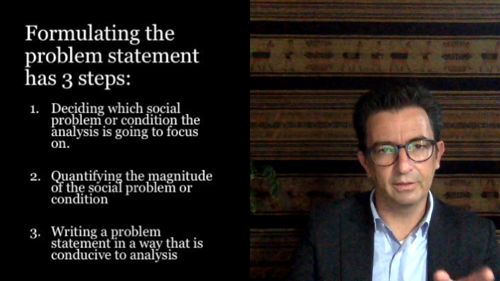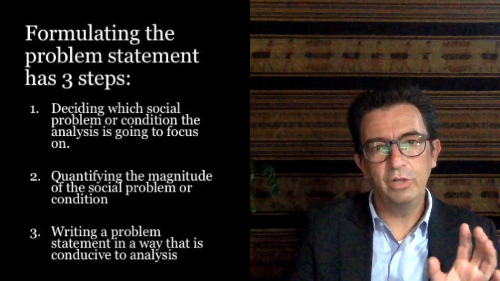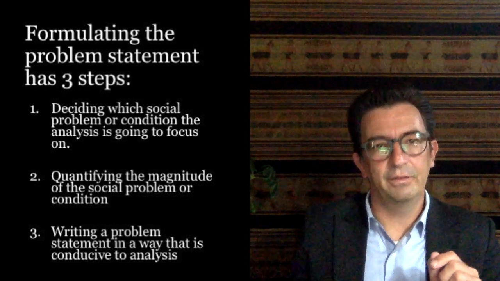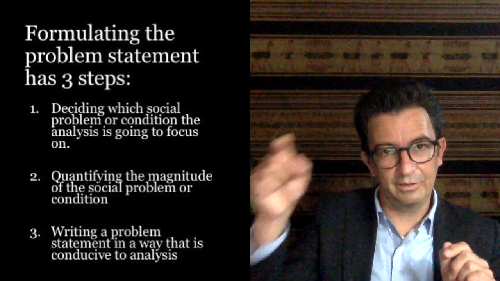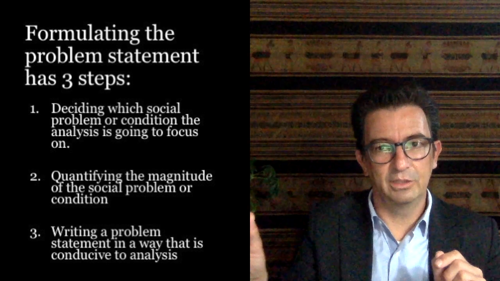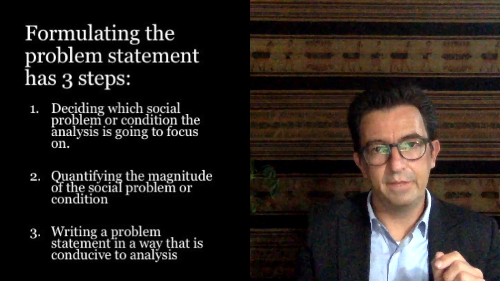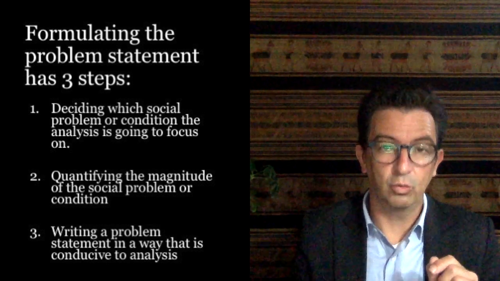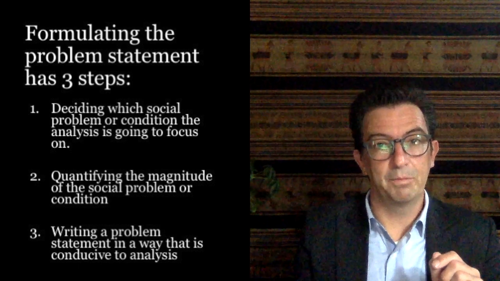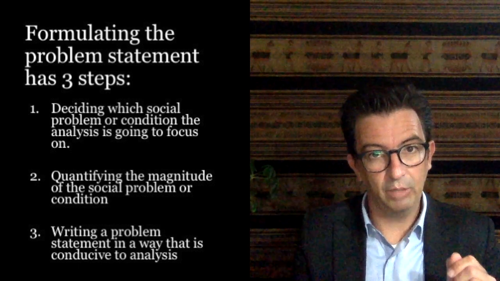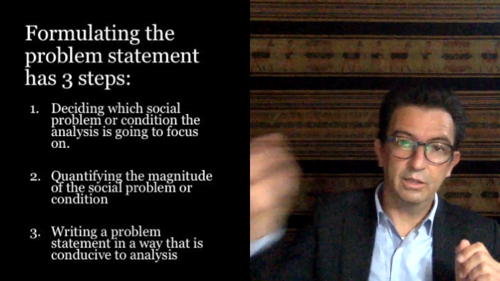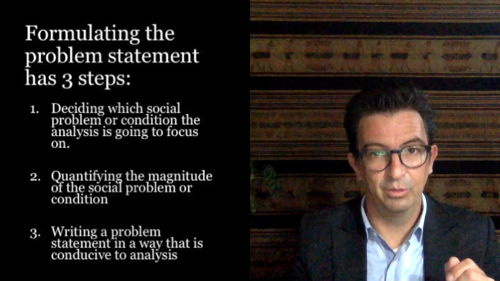But before I go further, you should know that these steps are iterative. You may start with a condition that you've chosen, and then while you're doing the research to quantify the magnitude of that problem or issue, you may go back and change the issue.